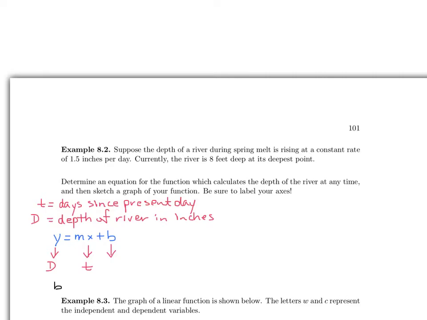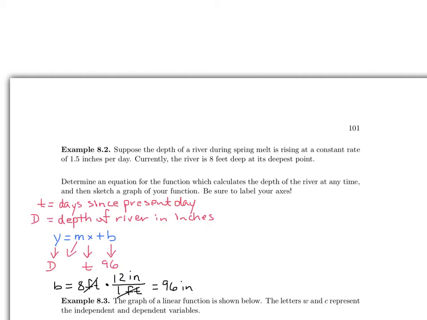So B is our initial depth, that's 8 feet, but we want to determine what this is in terms of inches, so I multiply by 12 inches per foot. Notice that cancels out the feet and I'm left with inches, and if I do the multiplication I arrive at 96 inches. So the B is 96.